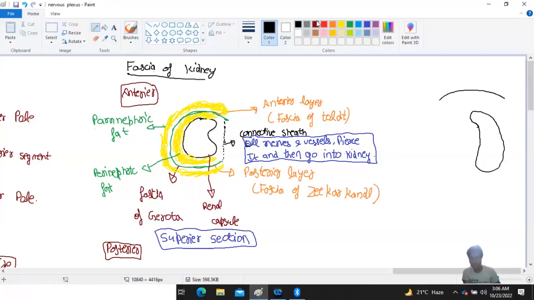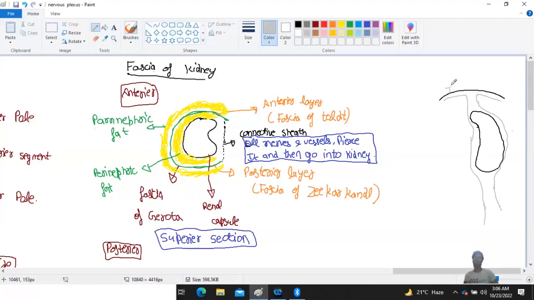From the diaphragm, this is called diaphragmatic fascia. The fascia extends and covers the one anterior layer anteriorly and then posteriorly, and descends down. So this is the fascia.